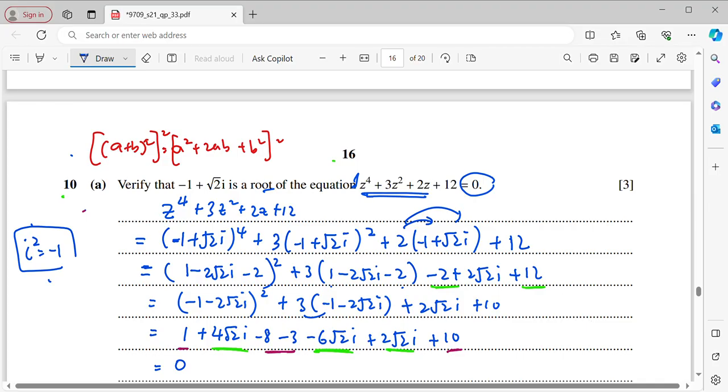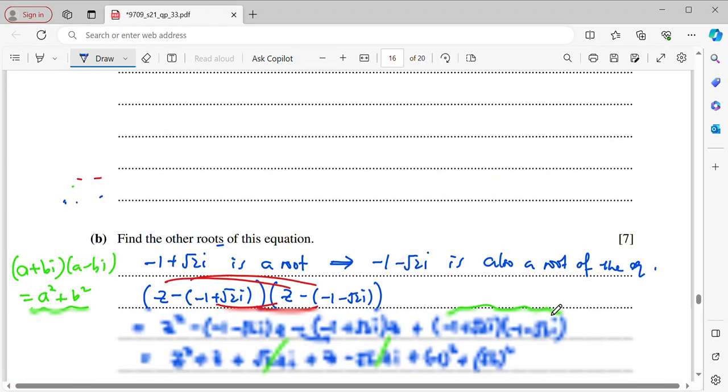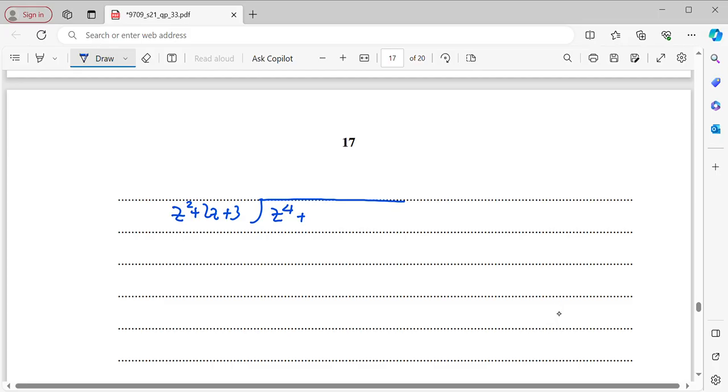There's no z cubed, so I will add on the term with coefficient of 0. So it will be plus 0 z cubed plus 3z squared plus 2z plus 12.